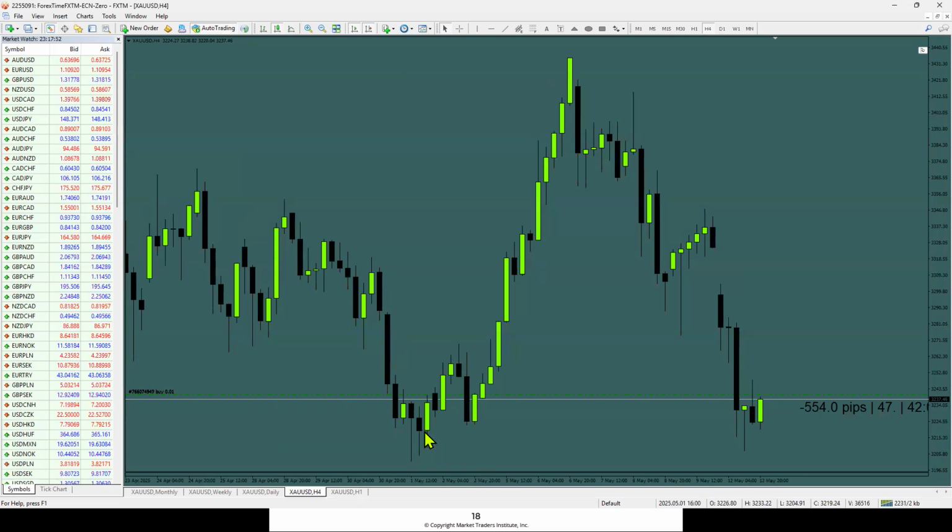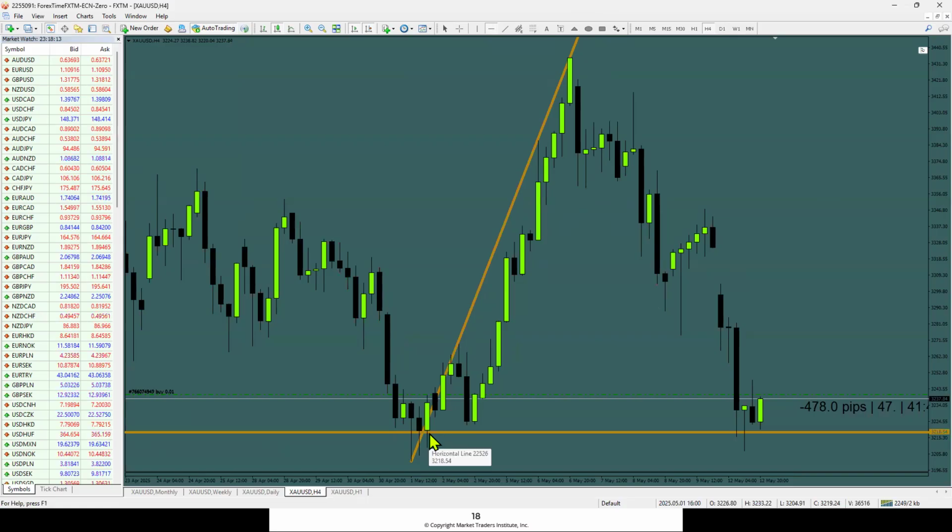Now this movement has already happened, right? From here to here, all the way from this point to this point, this is an existing movement. Now I'm telling you, knowing fully well that this movement has happened, from this bottom, the body of this candle and the wick of this candle, ideally this area is your demand zone.